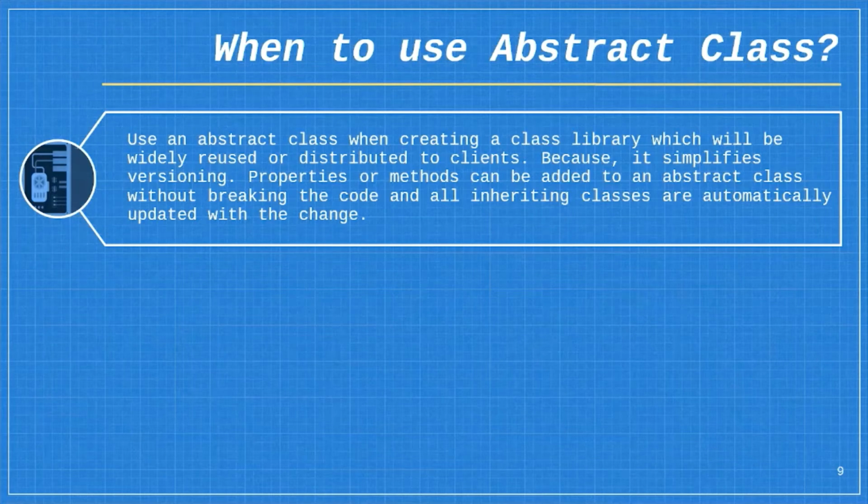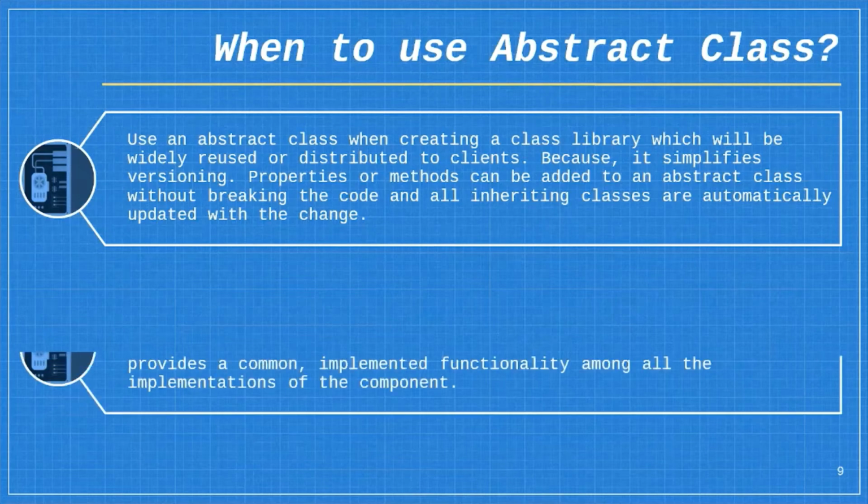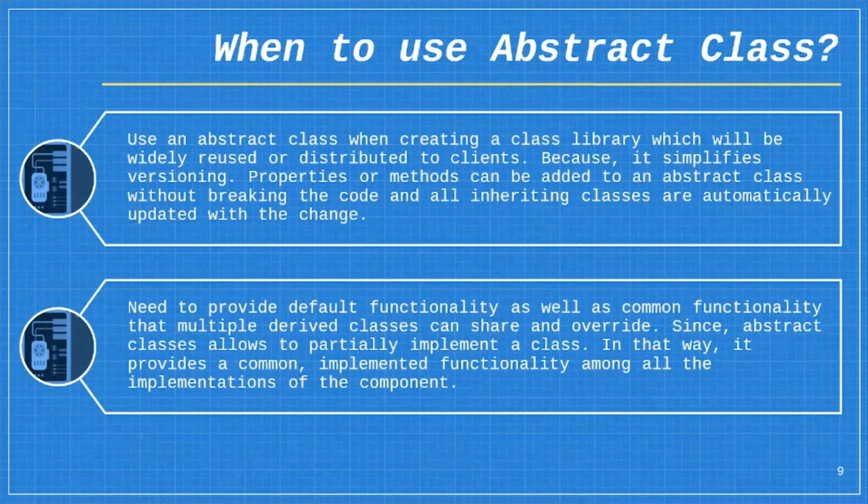Here, all inherited classes are automatically updated with the change because those new properties or methods would be available to its inherited classes. Abstract classes also allow you to partially implement a class because they can contain both abstract and concrete methods. Concrete methods can be used to provide default functionality, whereas abstract methods provide common functionality to the inherited classes.